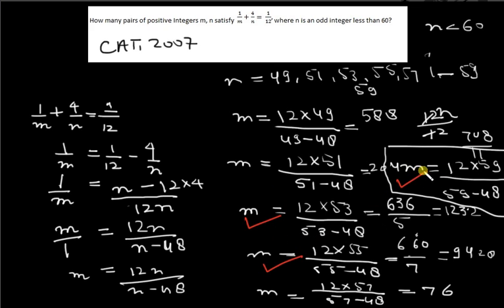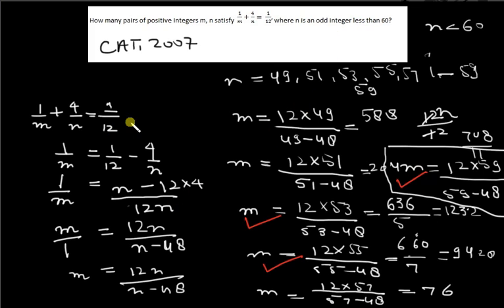Fractions are not integers, but the question says we have to find the positive integers. Though they are positive, they are not integers, they are fractions, they are rational numbers. So only 3 such pairs we can have when n is an odd number and it is positive also.